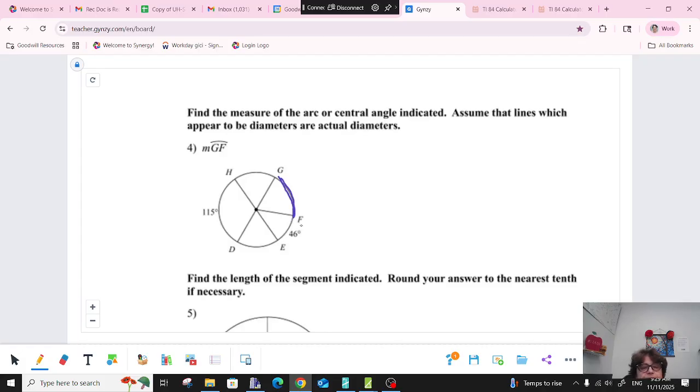right? So if I also know that this is a diameter, is there a way to find ED? 180 minus what? 115. And what is that answer? 65.